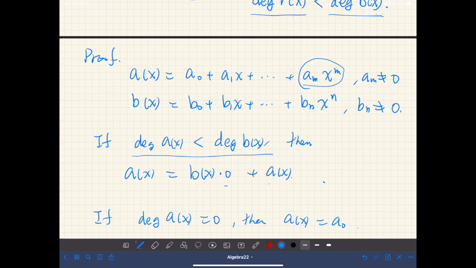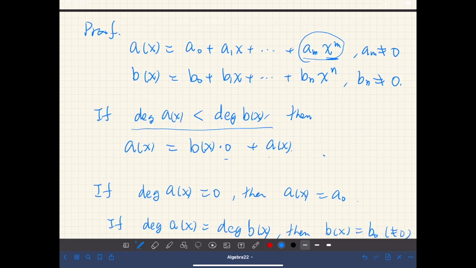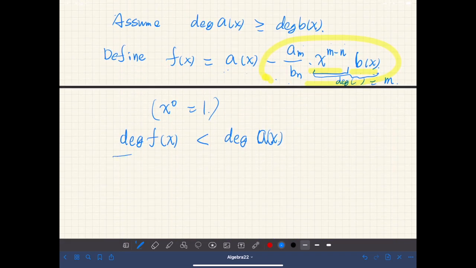So there is no term with x to the power of m, but all the powers are less than m. That's why we have this inequality about the degrees.